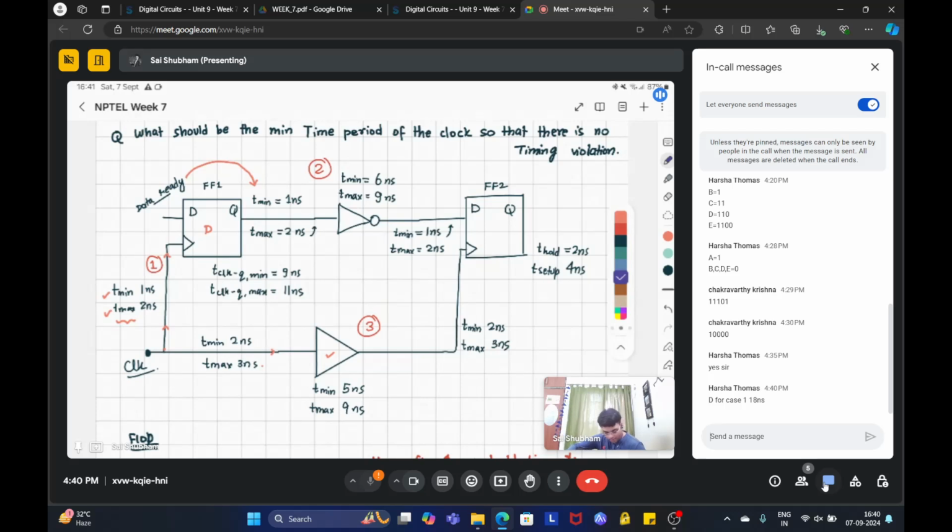And the clock should also reach there. So you have to make sure that the clock reaches before the data. Then only you will avoid the hold violation. Because the clock edge appeared, and after that, if the data suddenly changes inside the hold boundary, then you will have a violation, right? So for the hold case, data is coming faster and the clock is slow. In setup case, data is slow and the clock is fast.